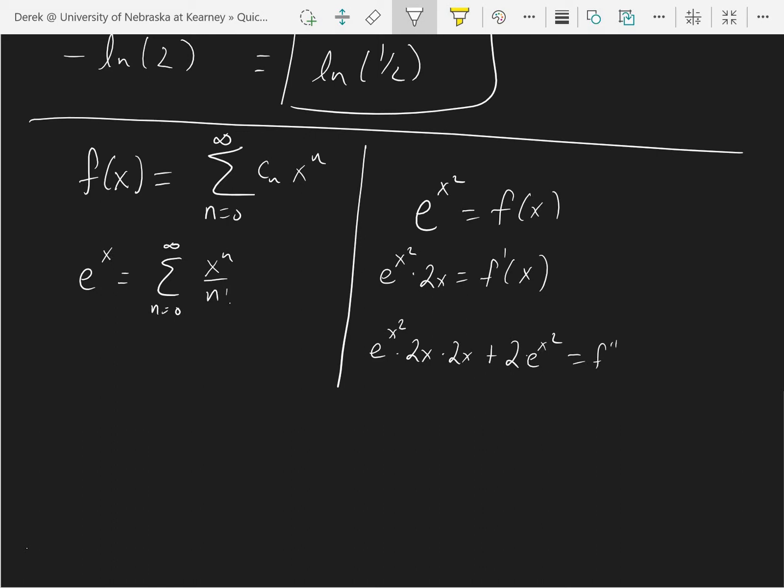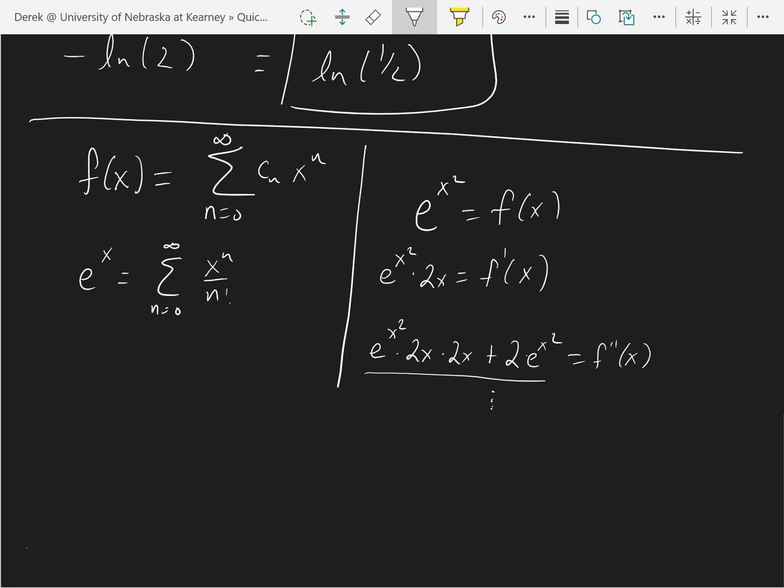That's f double prime at x. This is going to get kind of messy. I can keep doing this, but taking these derivatives is going to be difficult to find the Taylor series that way. I know that if I'm trying to find it at 0, a lot of these things are going to cancel, but to get to the next derivative, I have to have all of this information so I can compute the next derivative.